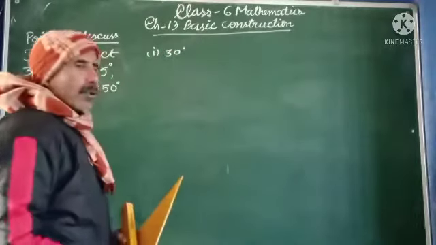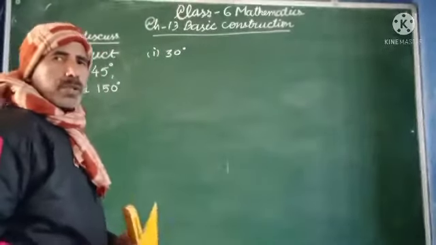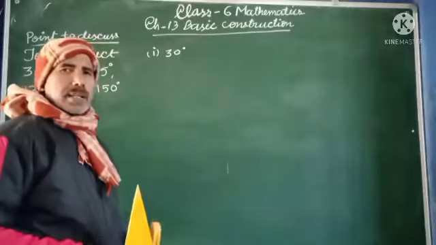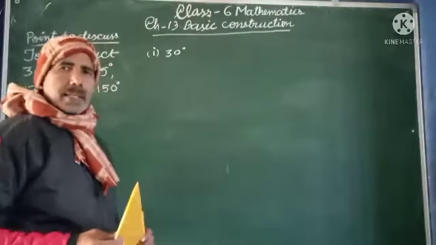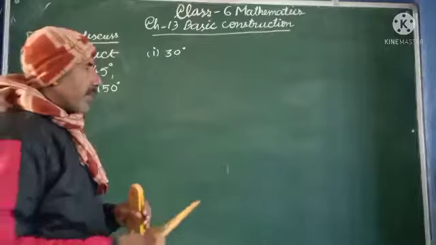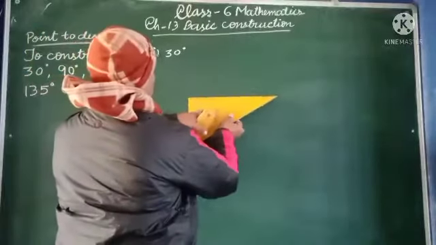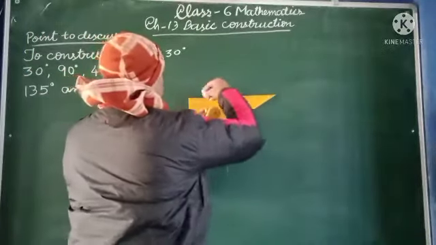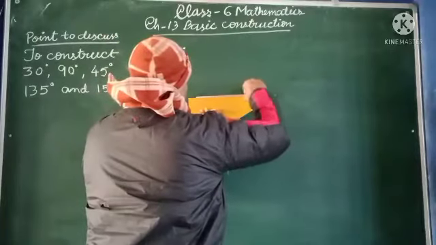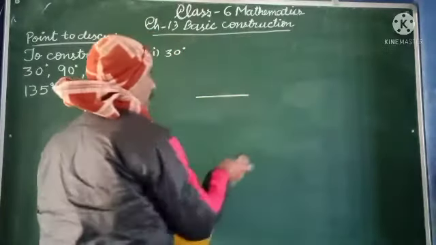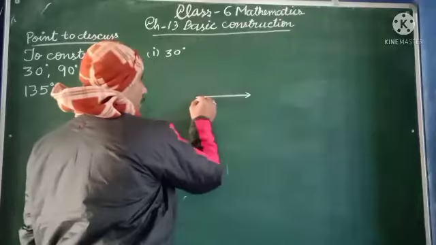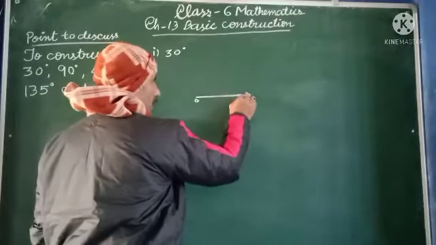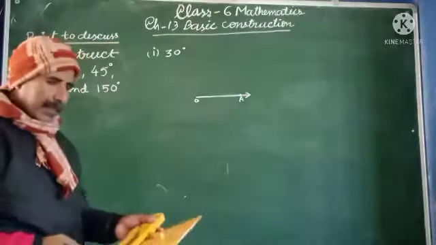In the previous video we learned to draw the 60-degree angle and also how to bisect an angle. These two concepts we will use here. First we draw a ray marked as OA, and on this ray we want to make a 60-degree angle.